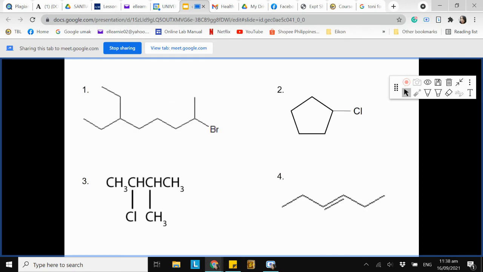Oops, sorry. Ito si number 1, number 2, 3, 4, 5, 6. Pwede ka dito sa taas, 7 or 8, pwede rin dito sa baba, kasi pareho lang naman, di ba? So, what would be the name of compound number 1?